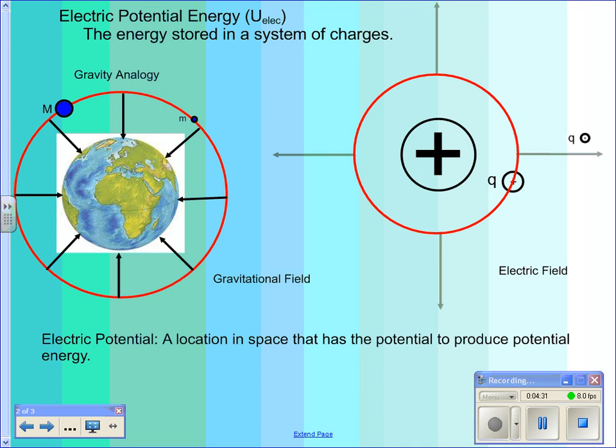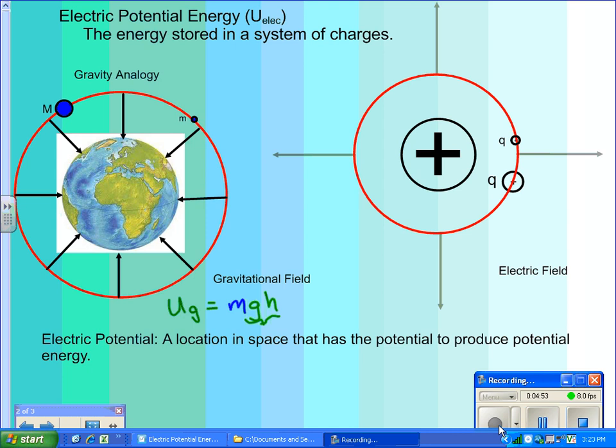But I would also have to push this little charge a certain distance and bring it to the same distance away from that positive charge. It would take less work. But again, on that red ring around that charge, that space has the potential to produce electric potential energy.